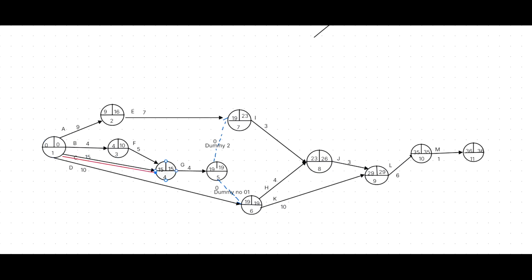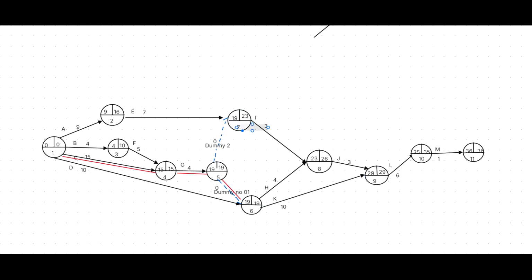Then how do we get the 5th event, 19? Via the G, critical. How do we get the 6th event, 19? Via the dummy, critical. The 7th event is not equal.